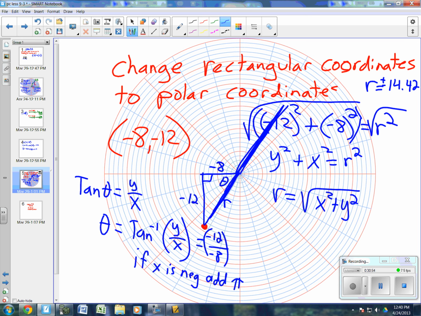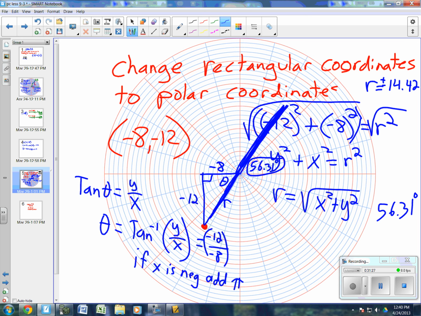What do you get? 56.31. Now 56.31 degrees. So we're getting the answer in degrees, I take it, right? Okay, so 56.31 is the angle up here.